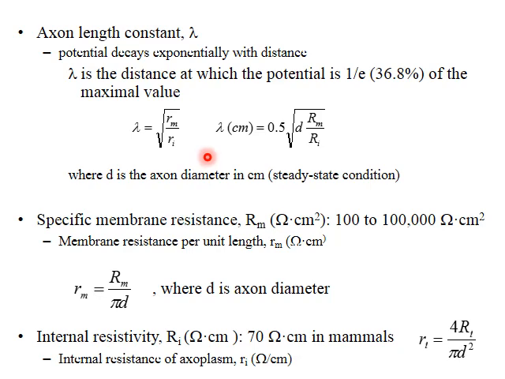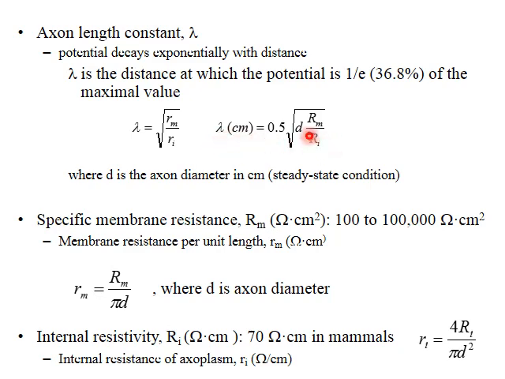And in fact, that's what this equation tells us. If Rm, membrane resistance, is larger, that is, if the membrane has a higher resistance and is a better insulator, then the length constant will be larger.